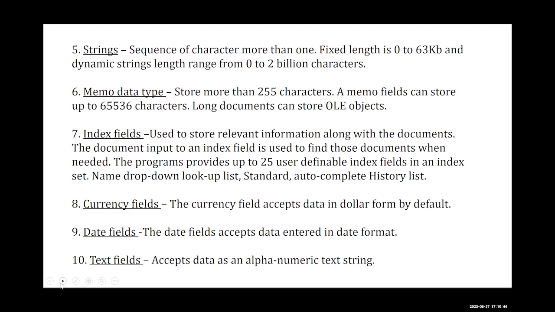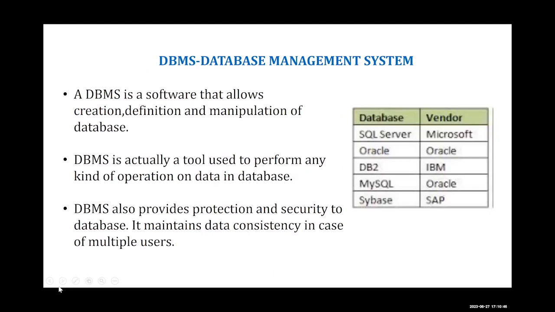Now, before we get on to the important features of a database system, let us see an overview of a database management system. What is it about? Our DBMS is a software. What is a DBMS? A database management system is a software that allows creation, definition and manipulation of the database. We have seen that a database is nothing but a collection of related data.